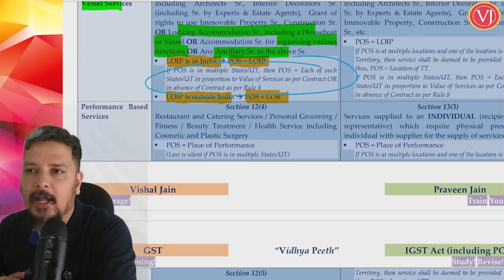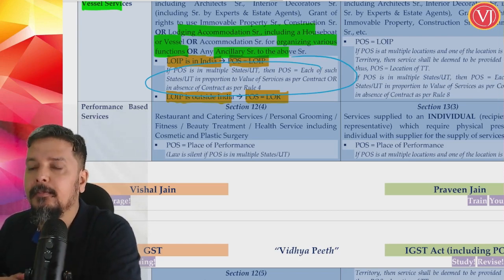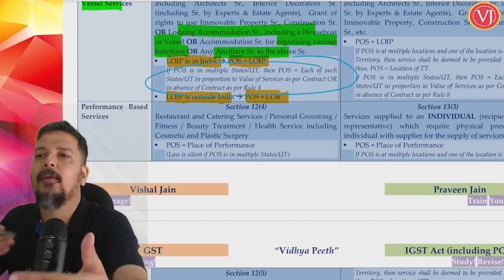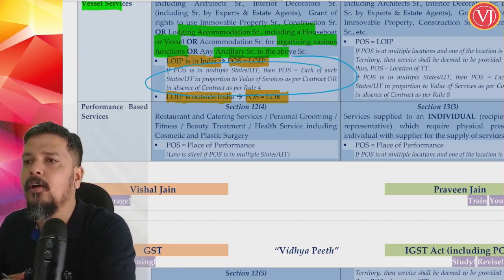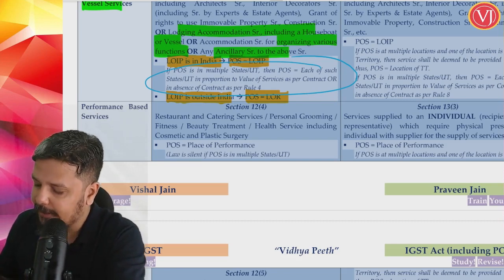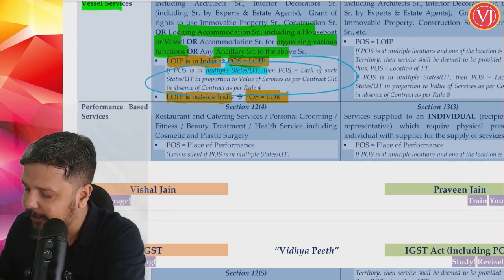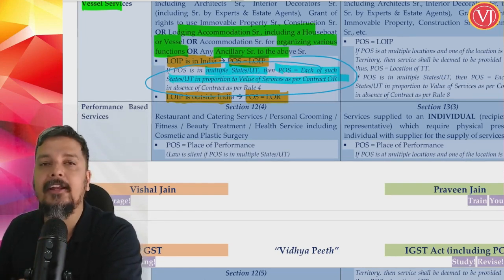Now it is an accommodation service, directly related to immovable property, and both LOS and LO are in India. Immovable property is also in India, but in 3 different places. The moment you get that, if your place of supply is in multiple states or union territories, then you will be trying to get multiple answers.